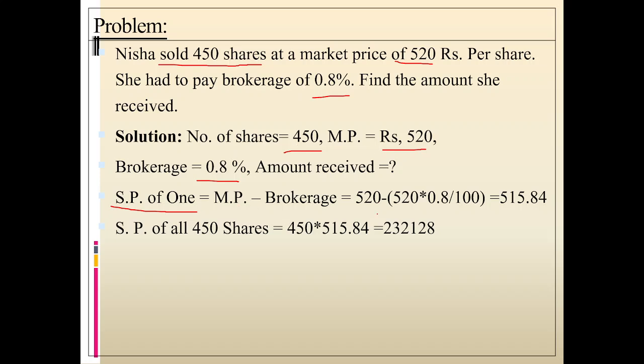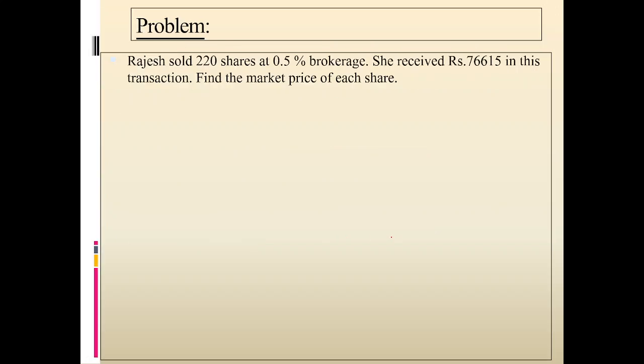Here market price is 520 minus 520 into 0.8 upon 100. From this we get the selling price of one share, that is 515.84. Now the selling price of 450 shares is 450 into the selling price of one share, this is 2,32,128.